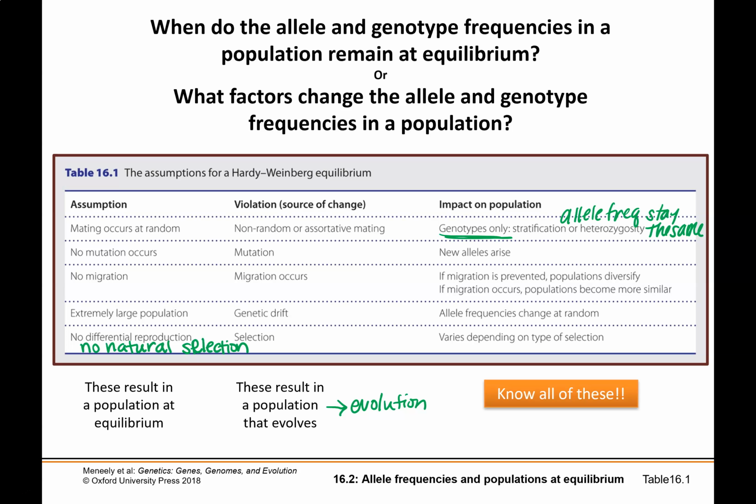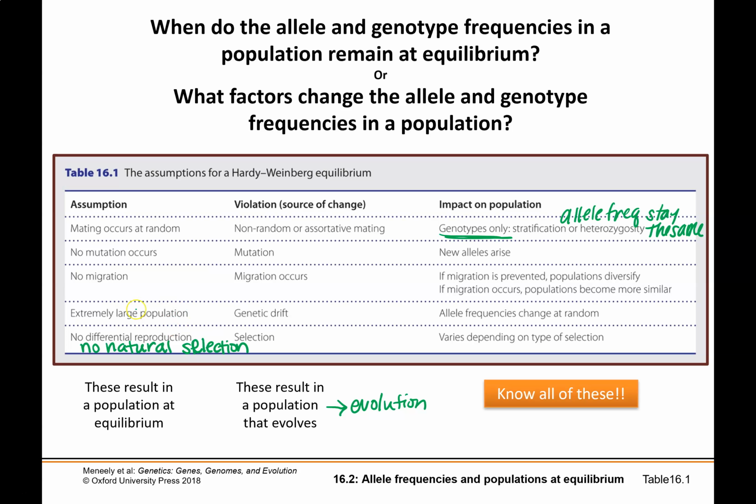If either one of those occurs, we're going to change allele frequency. So a new allele might come about, in which case that by default sort of decreases the frequency of the other alleles. Or you might have forward and back mutations, converting one allele into another. Either way, that's going to change your allele frequencies.